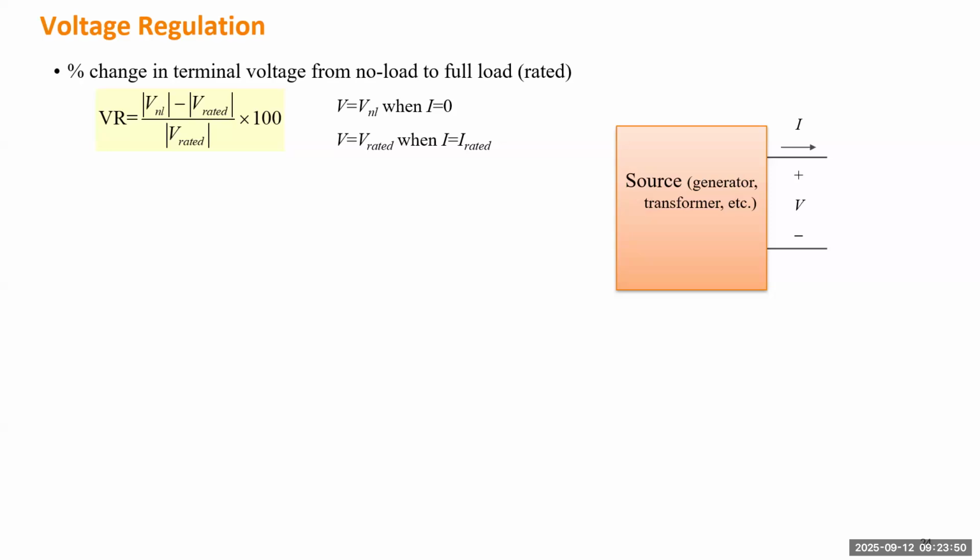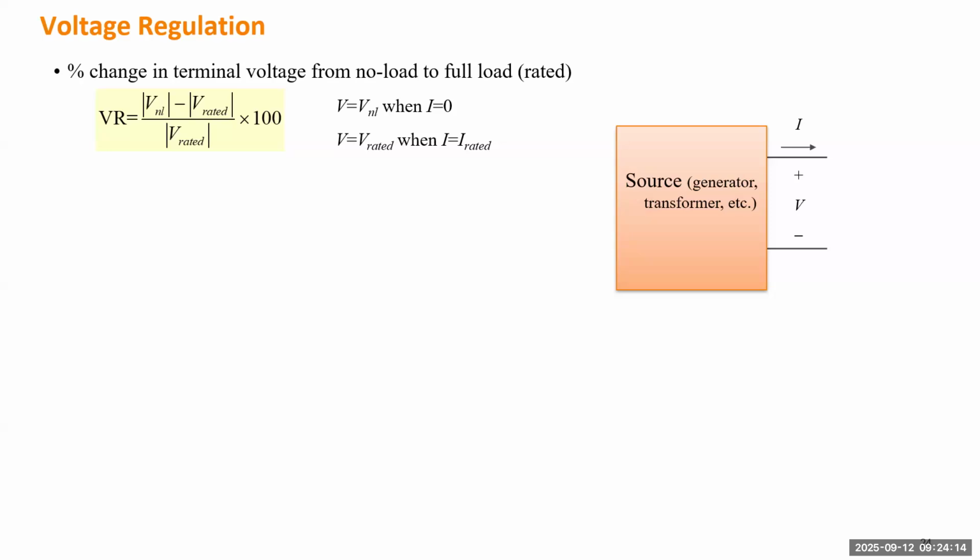Finally, the voltage you get becomes lower and lower, and you just have to replace the battery. That's similar to any AC source in an AC power system. So we do need such an index to evaluate the quality of a source.